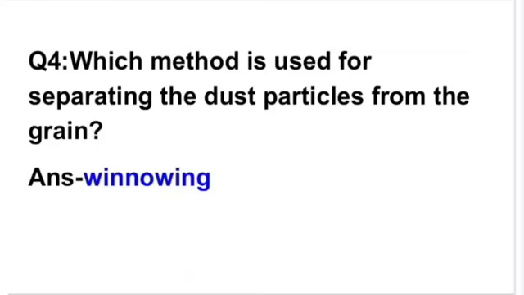So winnowing is a process in which we can separate the lighter particles with the help of wind or by blowing air. So winnowing is the convenient method for separating the dust particles from the grain.